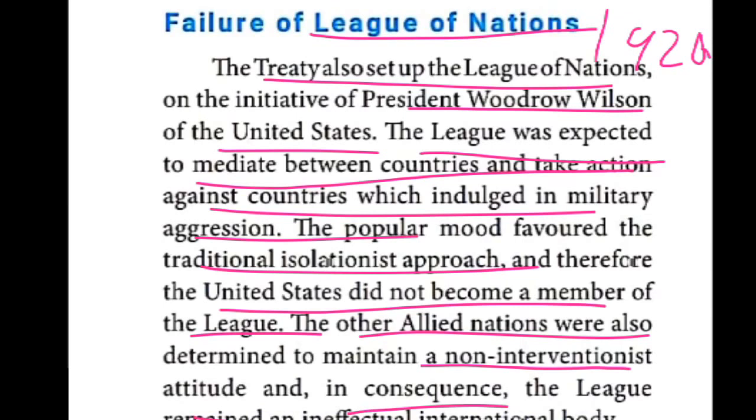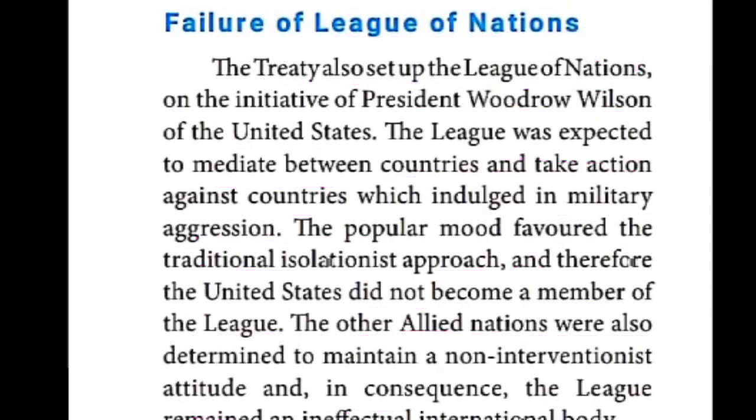It couldn't play an important role, and it couldn't function even without the help of the Allies. So these are the things given under the failure of the League of Nations. This was also one of the reasons for the Second World War.